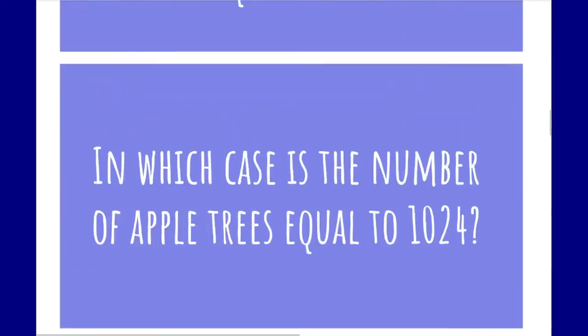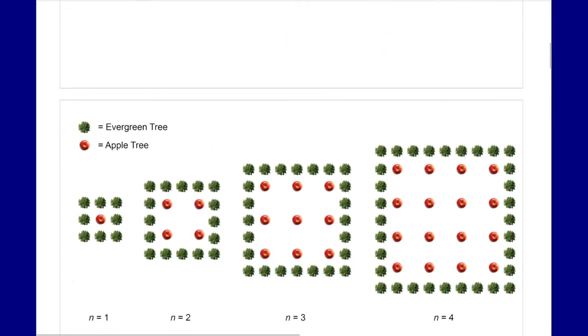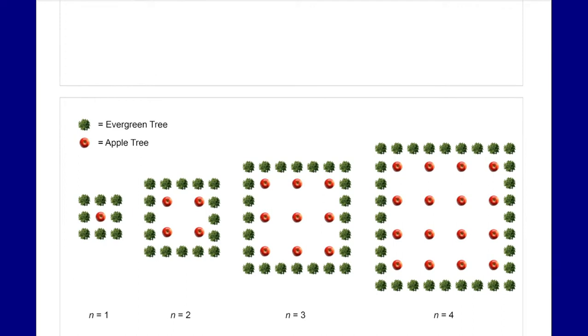If I go back, scroll all the way back up, and look at my first one, I have 1 apple, and evergreens I have 1, 2, 3, 4, 5, 6, 7, 8. In the next one, I have 4 apples, and I have 1, 2, 3, 4, 5, 6, 7, 8, 9, 10, 11, 12, 13, 14, 15, 16.